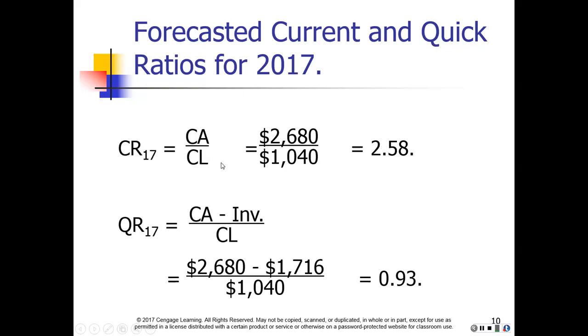If you look in the balance sheet on the asset side, there's cash and short-term investments, accounts receivable, and inventories. All of those are counted as current assets, and the total sum of those is labeled as total current assets. So you take those total current assets and divide by current liabilities.